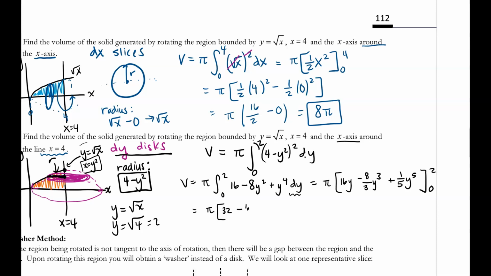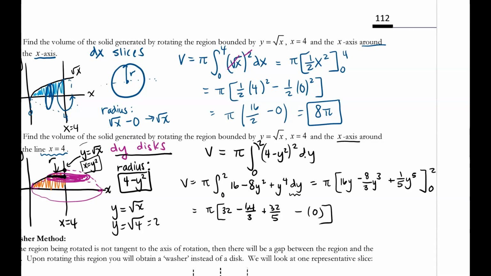So negative 64 thirds. Let's see, 2 to the 5th. I always forget, is that 64 or 32? 2, 4, 8, 16, 32. So that becomes 32 fifths. And then minus, when we plug the 0 in, we just get 0 for all of that.